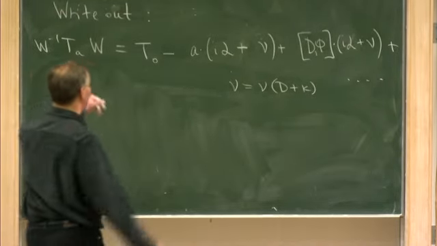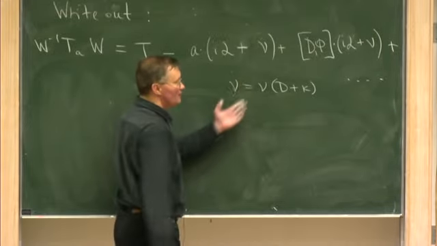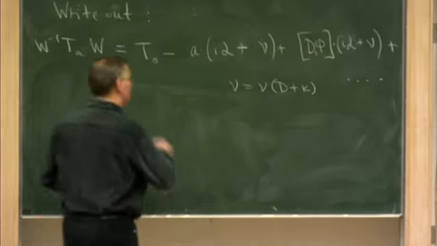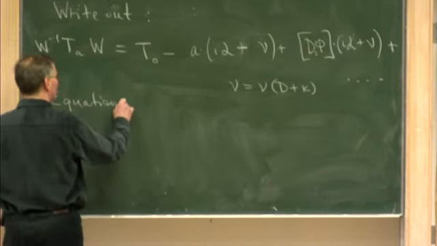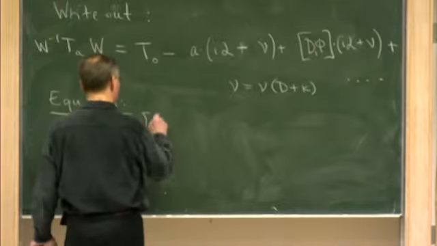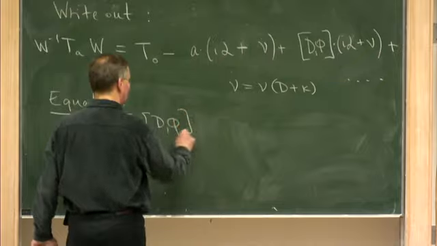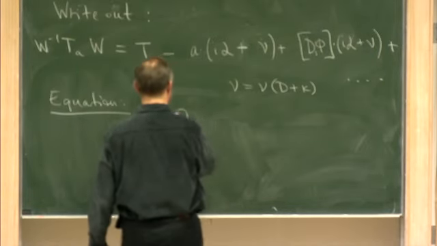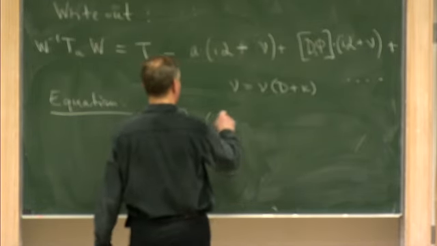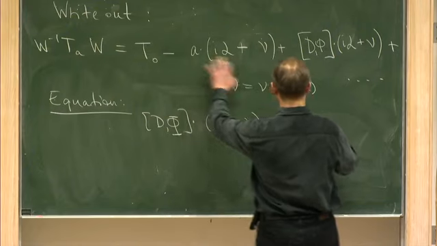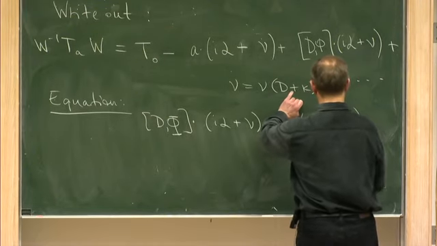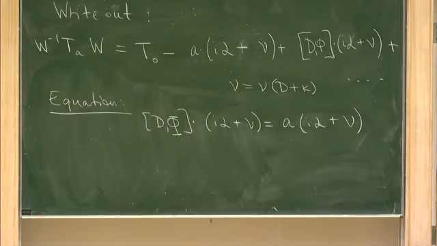So here we are. Now let's choose phi in such a way that it kills. So this is the equation. This is the commutator equation that we want to solve. This is d phi. This is capital phi equals A equals that.